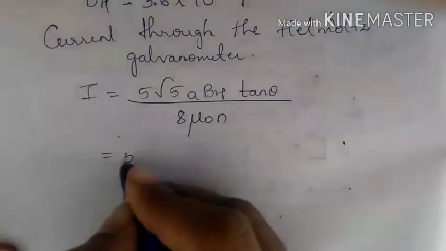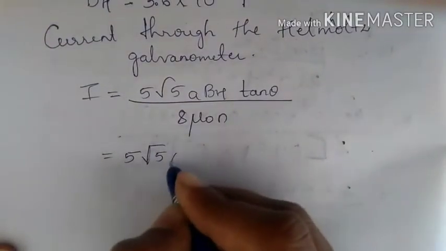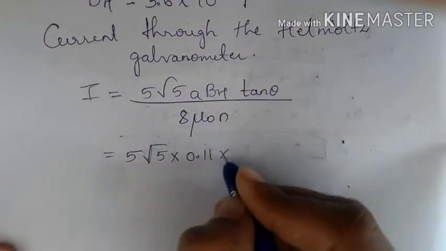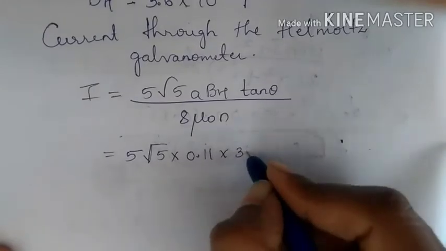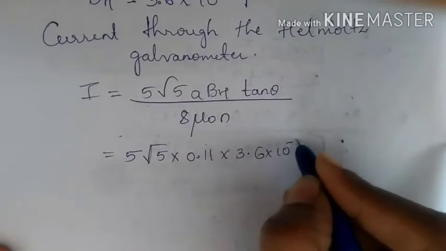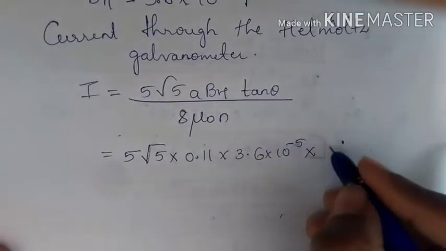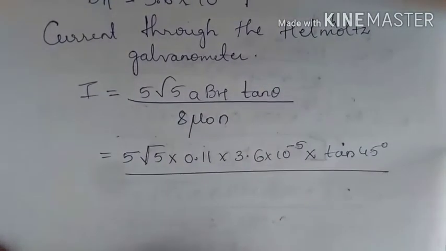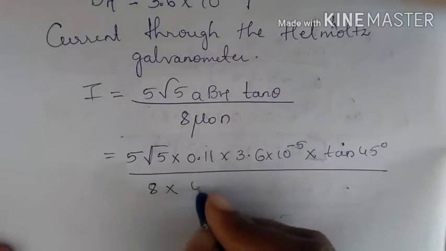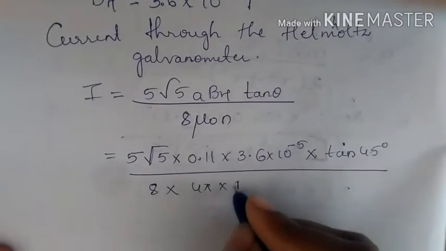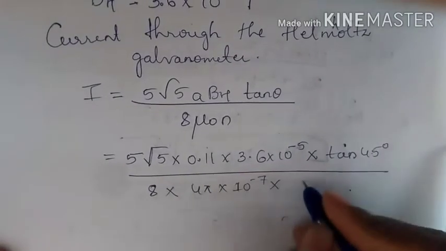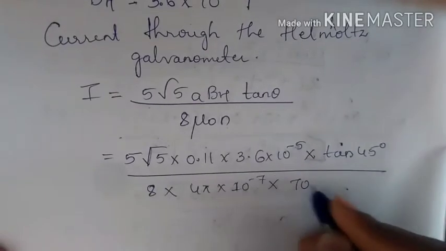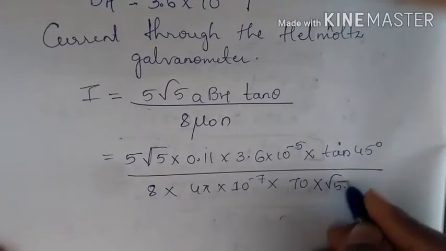So now let us substitute the values. 5 root 5 into 0.11 into 3.6 into 10 power minus 5 into tan 45 degrees, which comes out to 1, divided by 8 into 4 pi into 10 power minus 7 into the number of turns, which is 70 into root 5.